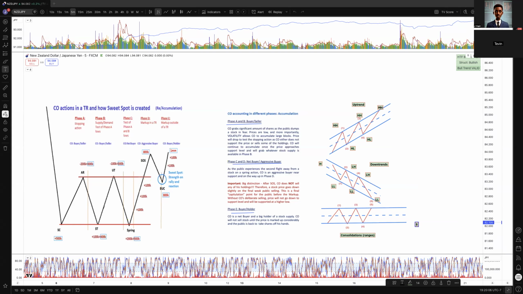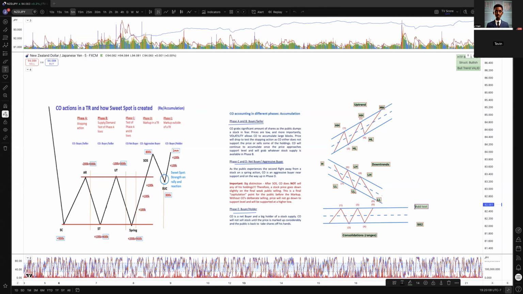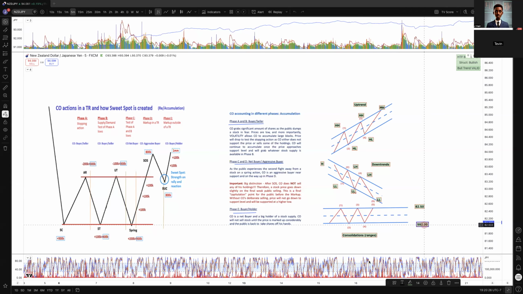Like right now, we're at the 82 dollar range, and then this would be like 82.50, right? We're looking here at the 5 minute time frame, but for math's sake, we're just going to say this is a 50 cent price range.